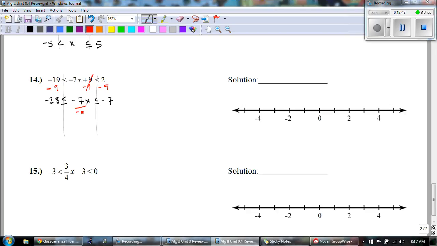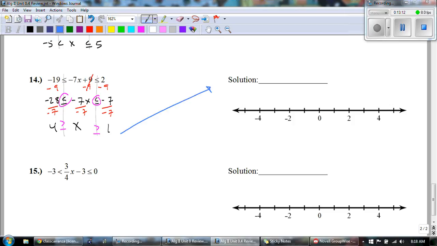Now the x is not by itself, so I'm dividing, and I'm dividing by a negative. So when we divide by a negative, I have to remember to flip all the signs, okay? So the x is by itself. Negative 28 divided by negative 7 is a positive 4, and negative 7 divided by negative 7 is a positive 1.